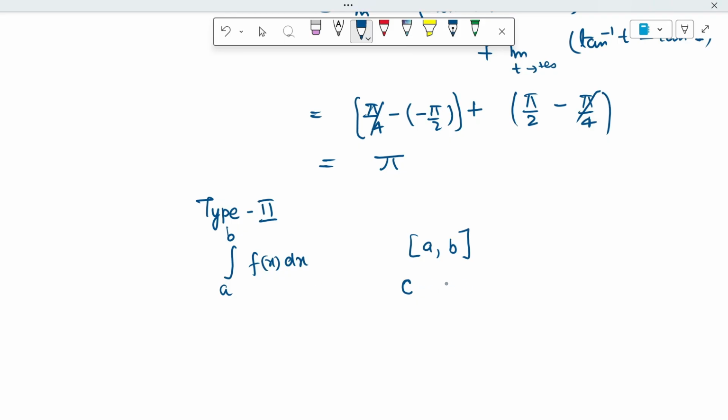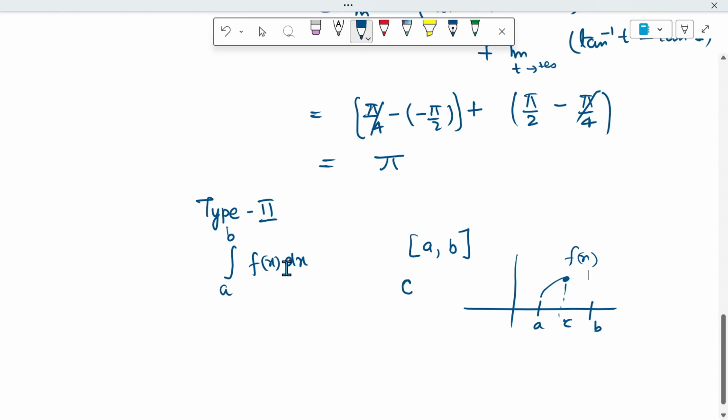So f(c) is basically not defined. So this is known as a type 2 improper integral. Means here this point is in between, suppose this is a and this is b, and we have a point, suppose here it's c. At this point, this function f(x) is not defined.